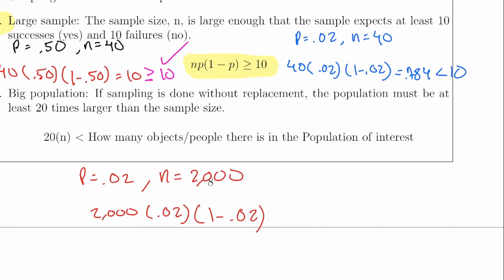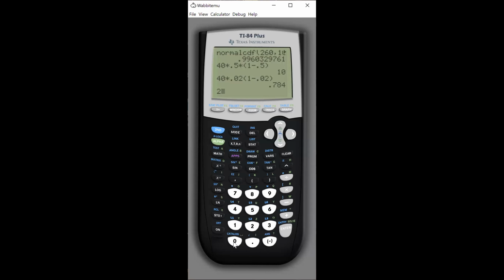All right, so let me go ahead and switch it over. We'll say 2000 times 0.02 times 1 minus 0.02.